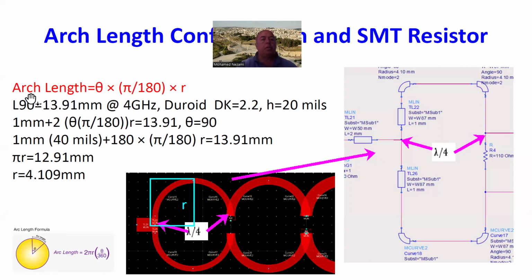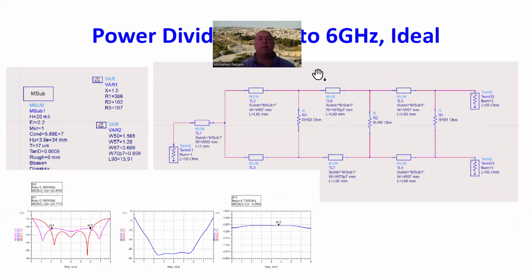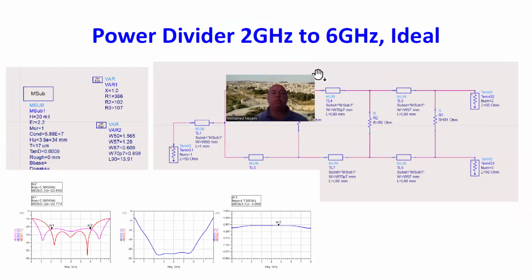So the length of this arc is the angle times pi over 180, which is normalizing this back from degrees, times the radius. The radius is this here, from this point to this point. And to start out, for our example in here, we're doing 2 to 6 gigahertz, so the center frequency is 4 gigahertz.